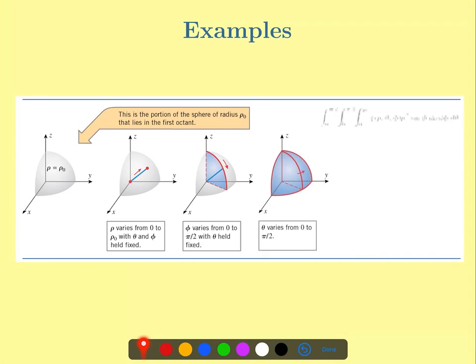So when we set this up, if we're integrating some function here, the dv becomes rho squared sine phi d rho d phi d theta, like always. Theta goes from 0 to pi halves, phi goes from 0 to pi halves as well, and then rho goes from the origin to the sphere, 0 to rho naught. So that's this picture. Let's go ahead and look at another one.